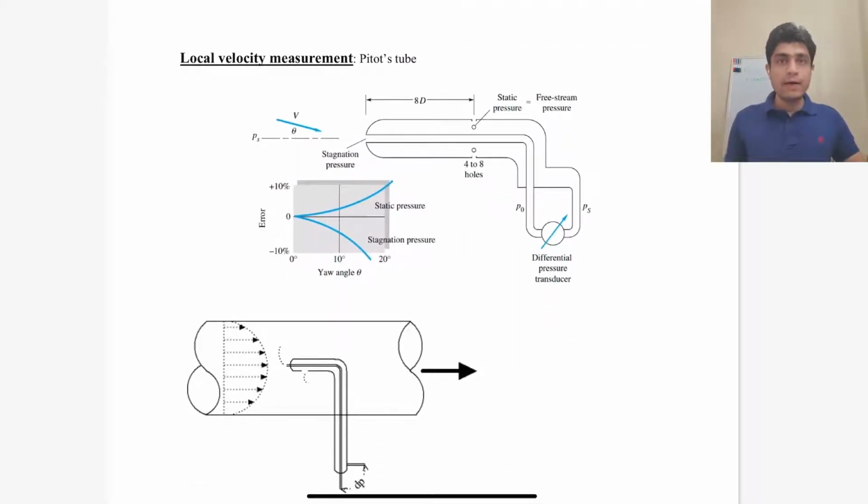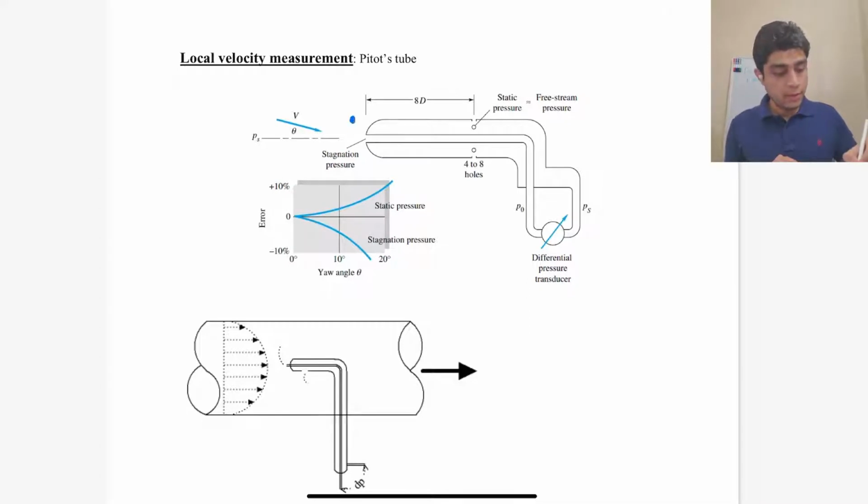One kind of flow measurement is the local velocity measurement of the fluid, and it can be done easily by using a pitot tube. You have already learned about the pitot tube in your Bernoulli equation class. The working principle of a pitot tube is very simple.